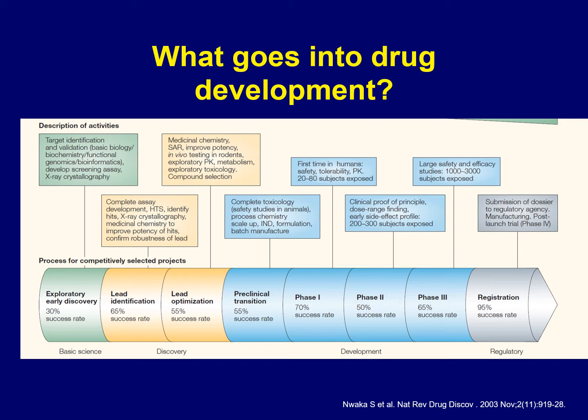There are different processes here to try to select potentially competitive compounds. And then you move to a phase of lead identification and lead optimization, where you apply things like medicinal chemistry and animal pharmacokinetics, looking at how the drug works in an animal in terms of distribution, metabolism, elimination, etc.